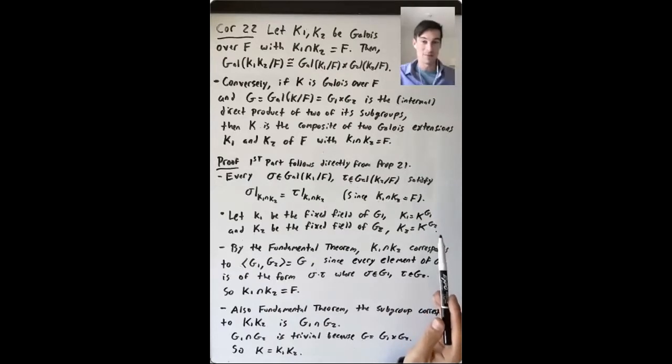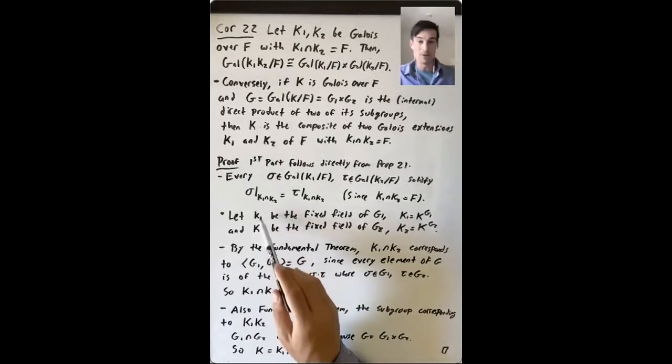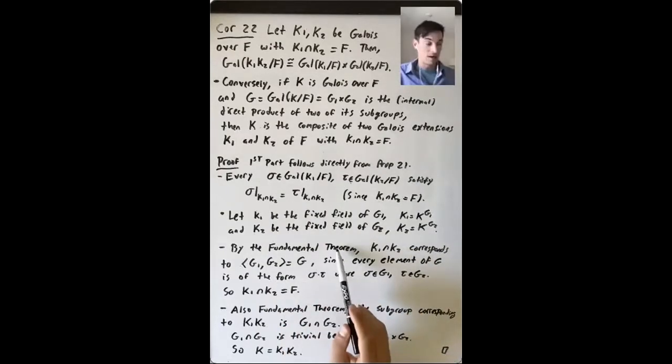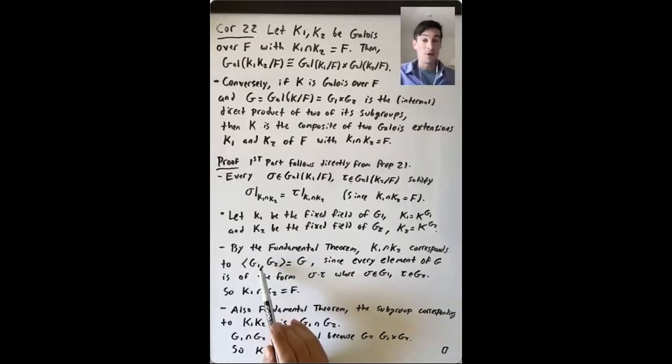Okay, so the fundamental theorem of Galois theory tells us, if we have K1 and K2, these intermediate fields, we know the subgroup of the Galois group corresponding to K1 intersect K2. So what is it? By the fundamental theorem, K1 intersect K2 corresponds to the subgroup of G generated by G1 and G2, the smallest subgroup of G that contains G1 and contains G2.